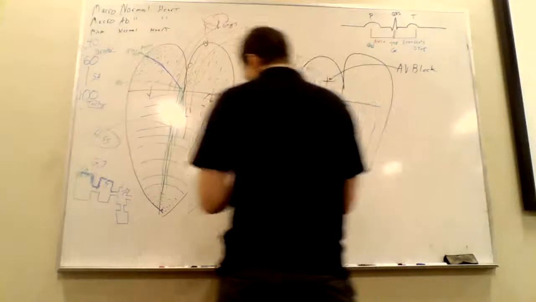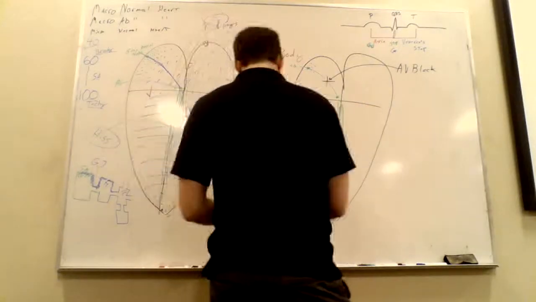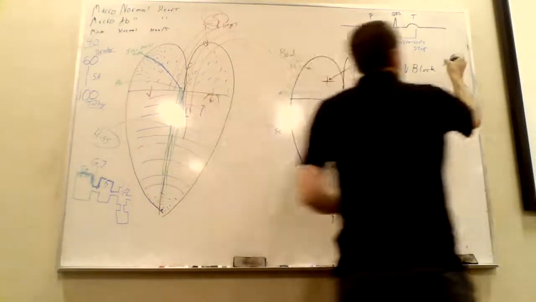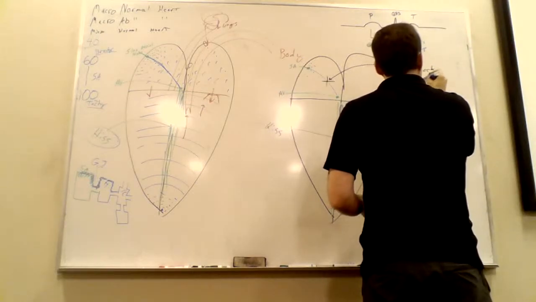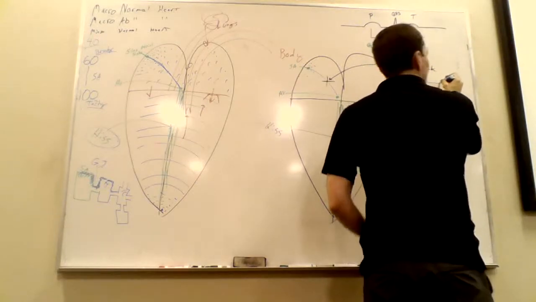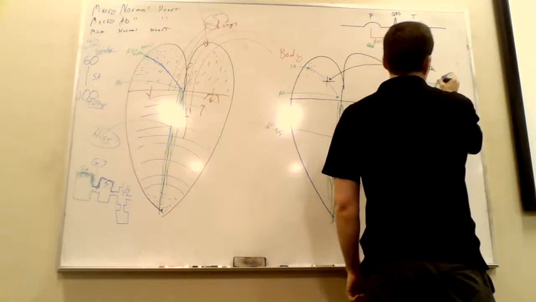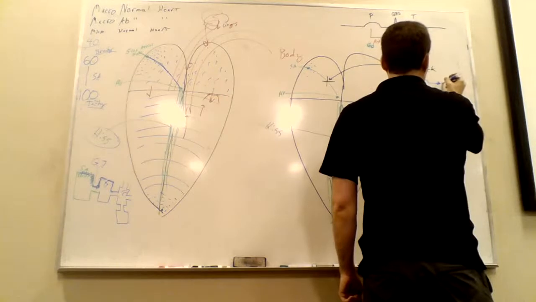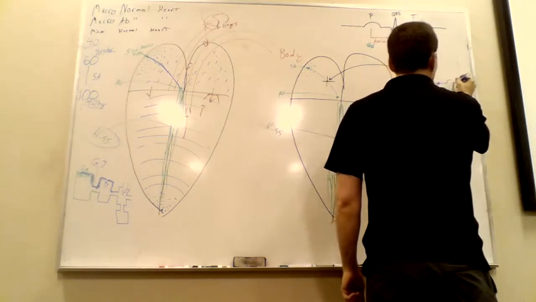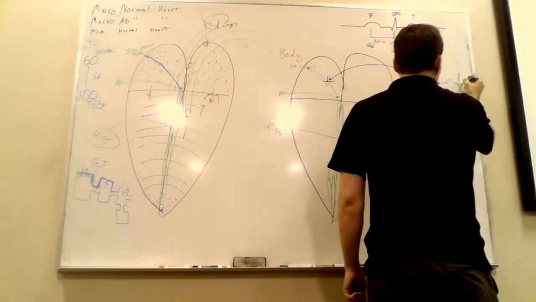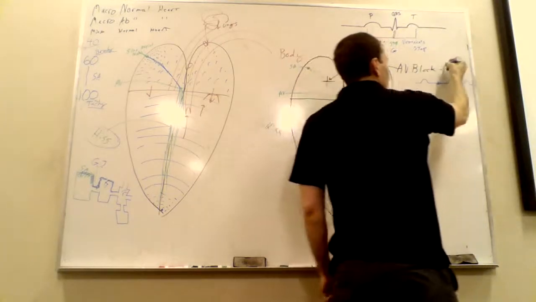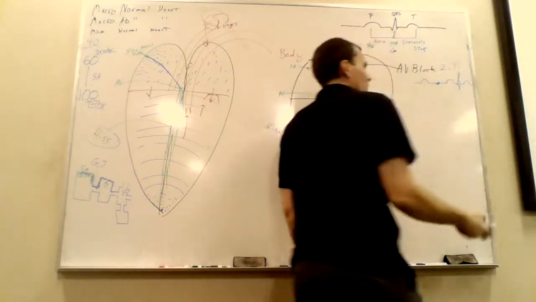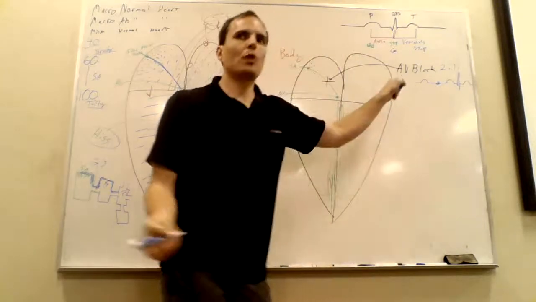That looks like this. P wave, nothing. Well, there'd be a little atrial recalibration there, but nothing big. Another P wave, then QRS, then T. So we had 2 P waves before we got 1 QRS, a 2-to-1 ratio.